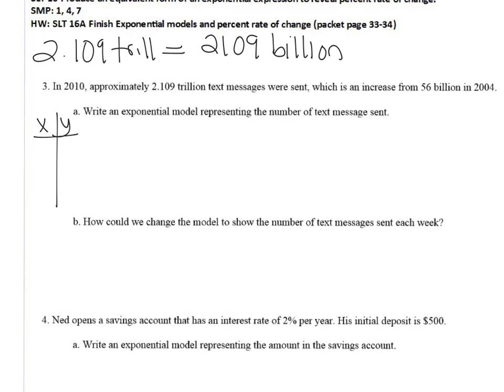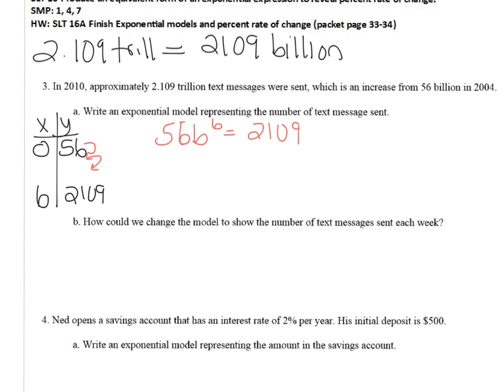In the first year, 2004, we had 56 billion. And then 2010 is 6 years later. So if you think how many places we have to go from 0 to 6, we're going to do 56 times b to the 6th is 2,109.